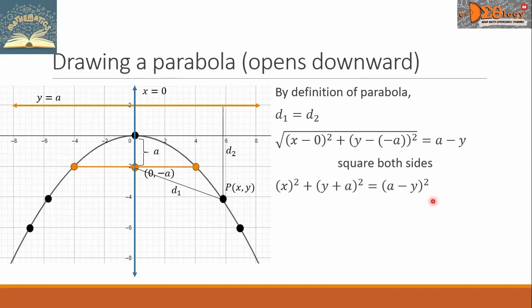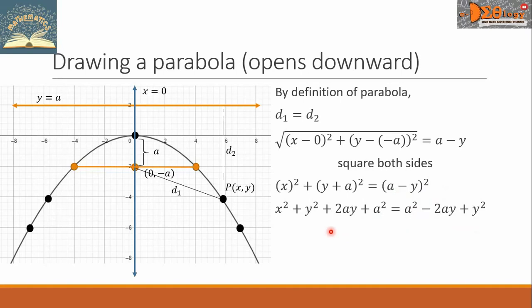Let us expand the squares. So we have now x squared, we'll just copy that, plus this square of y plus a becomes y squared plus 2ay plus a squared, equals the right side, the square of a minus y. So we have now a squared minus 2ay plus y squared.